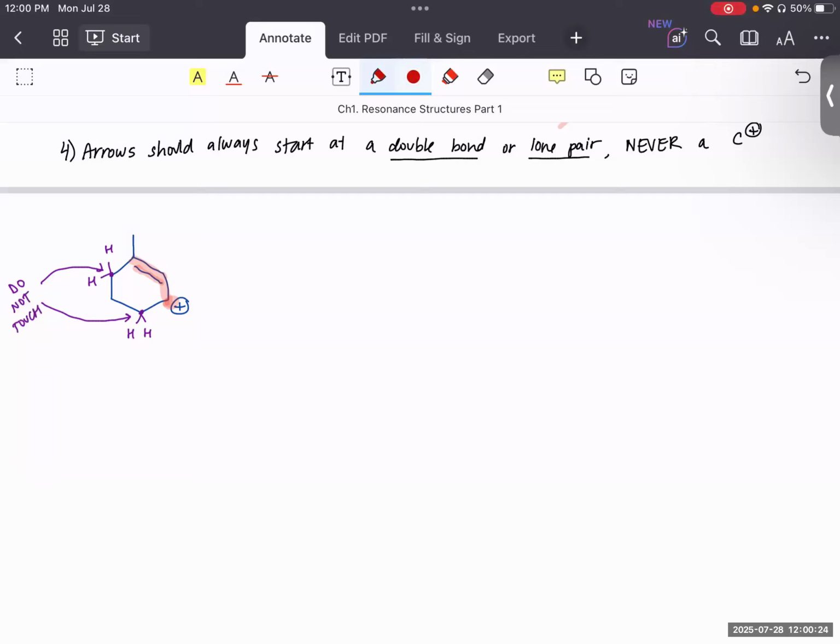And so going back to the red area, what we can do is shift this double bond over to make a new double bond there. And so that double bond moved over to fill the empty spot on that carbon with a positive charge.